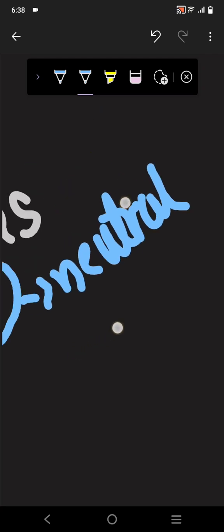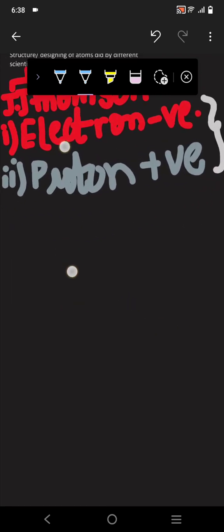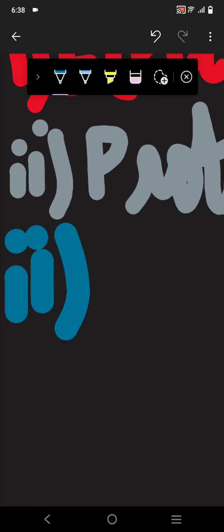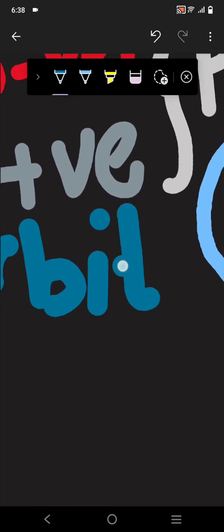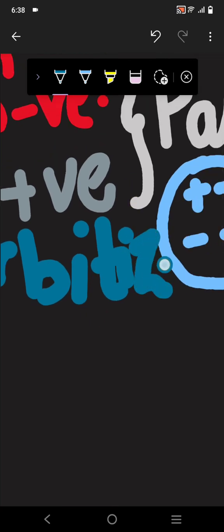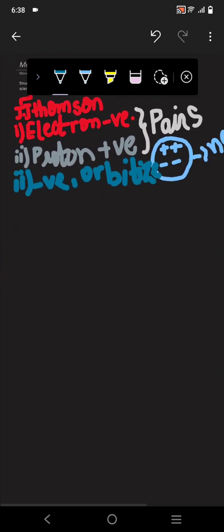The next thing that was told by J.J. Thomson was that the electron is orbitized around the proton. We know that the negatively charged electron is orbitized. Orbitize means the word came from orbit, around the positive charge.